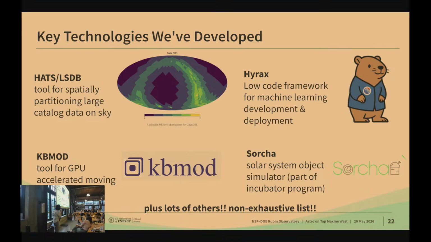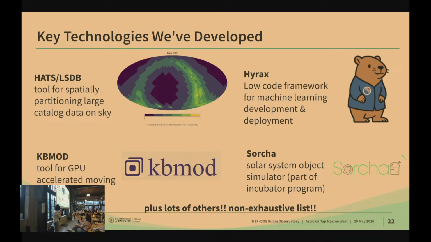We've also developed a solar system simulator, which can simulate observations of solar system objects, and that was through our incubator program. As part of our mandate, we bring in external research teams and help them with their research problems, provide computer science expertise and software engineering expertise, and Sorcha was one of the things that came out of that.